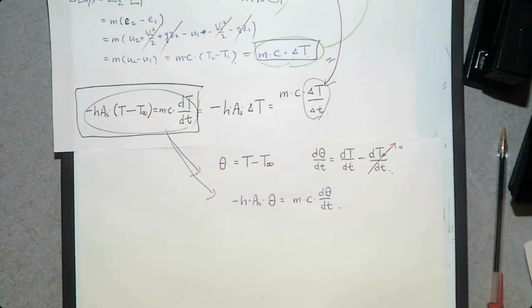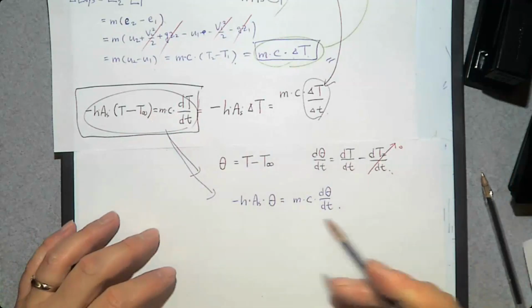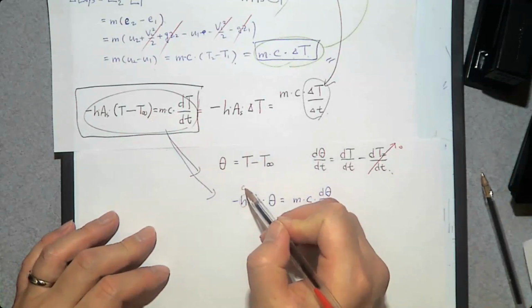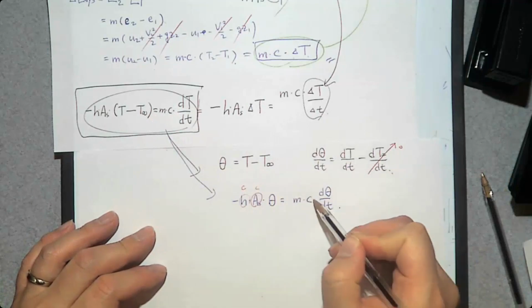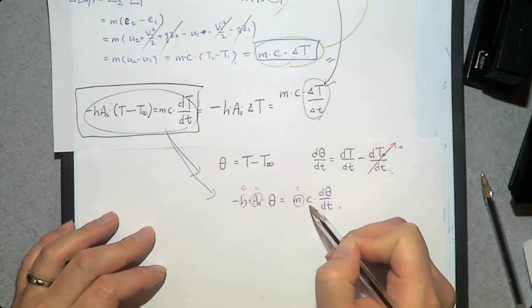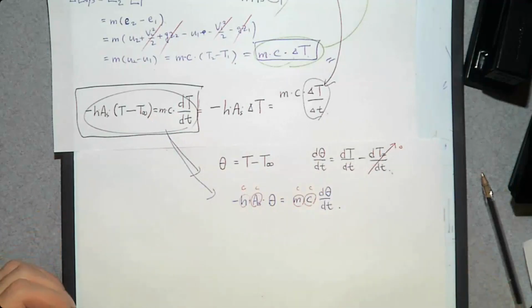With one condition, you can integrate them. What is that condition? This one is constant. This one is constant. Specific heat is constant. Then we only have two variables, theta and t. You can move t to one side, you can move theta to the other side and integrate them. That's how you solve this problem.